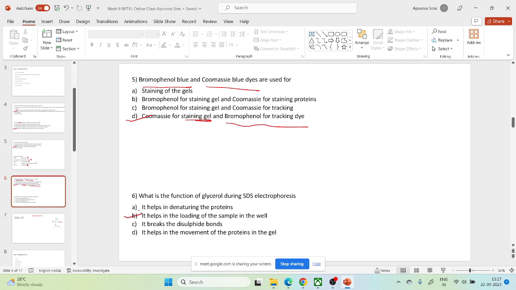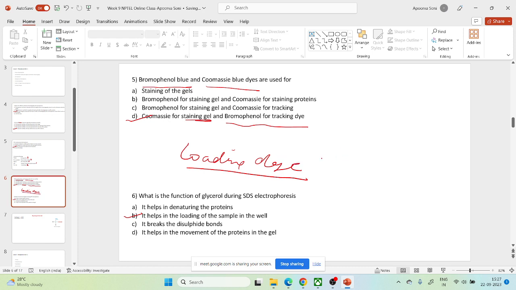I don't know if you have done at least an agarose gel electrophoresis. Always we have a loading dye in which we mix our sample. I'm talking about agarose gel electrophoresis because I do that often.